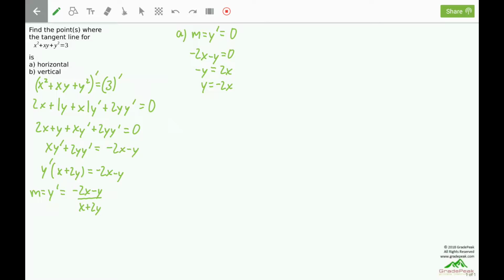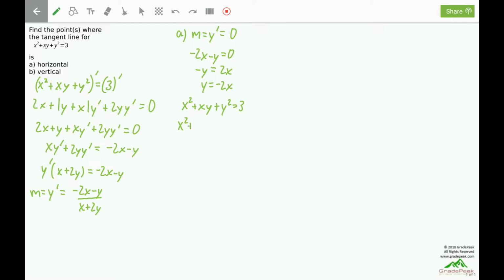We want the points, therefore we're going to take the relation we just found and put it into the equation that we need to be on for the tangent line. So our equation is x squared plus xy plus y squared equals 3. We're going to replace each of the y's with a negative 2x.